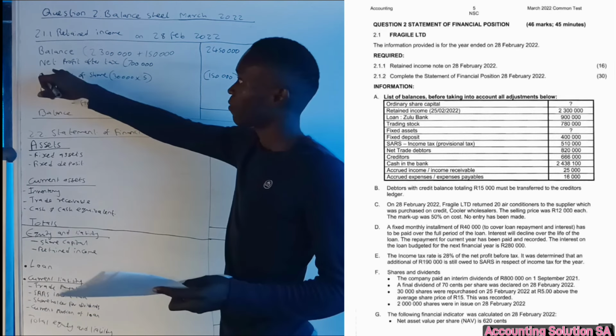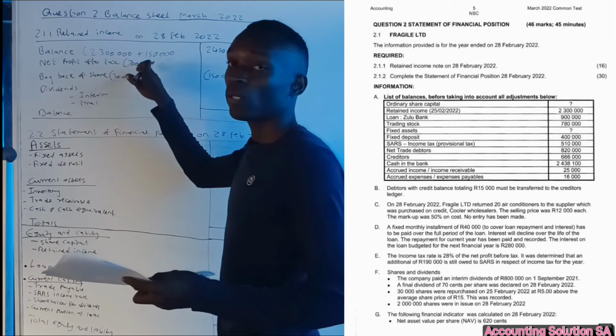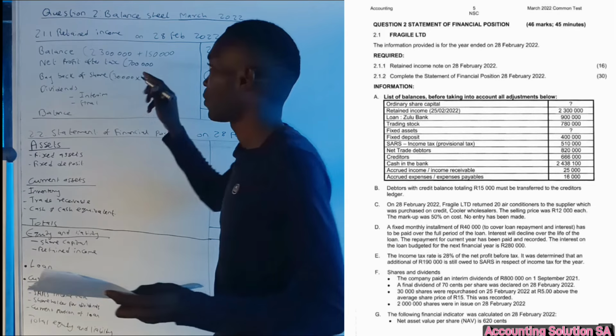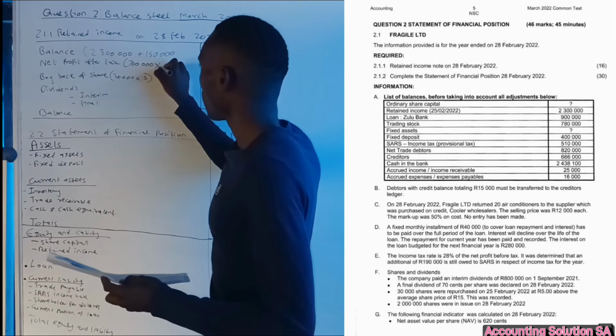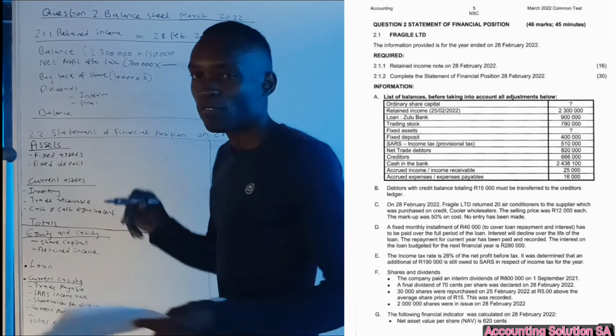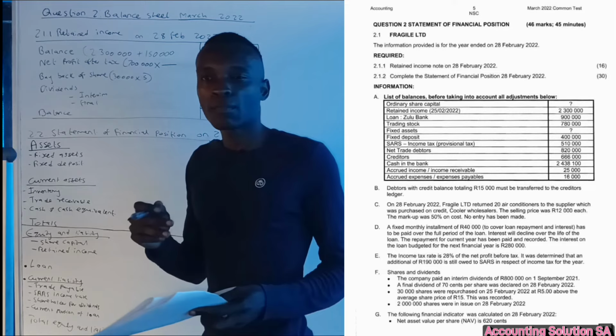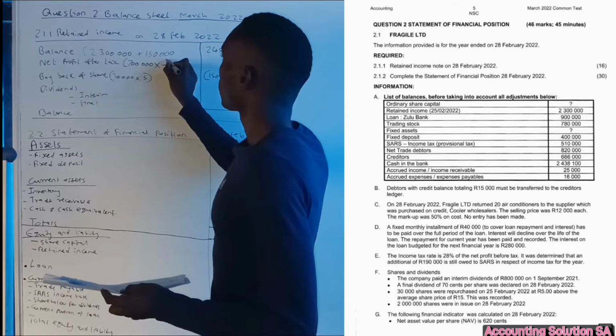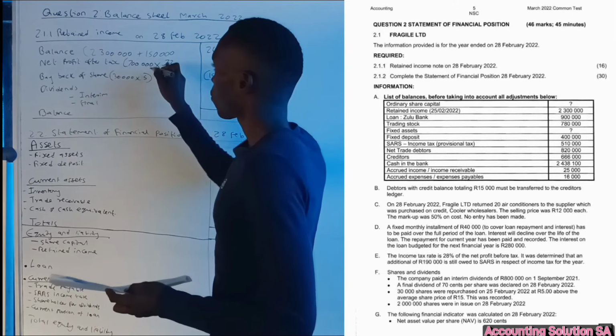Remember, they are looking for net profit after tax, and we only have what? Income tax according to the income statement, which means that because we know the percentage of 28%, we can get what? Net profit after tax is 72%, because 100 minus 28% is 72. We're going to say 72 over what we have.